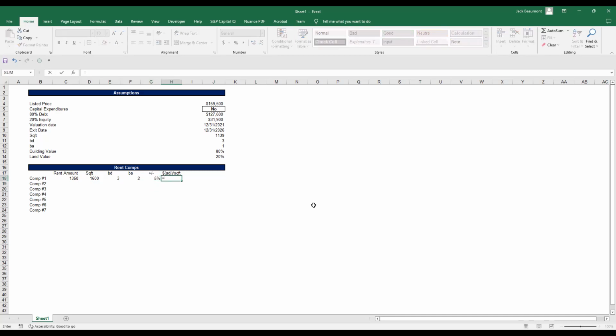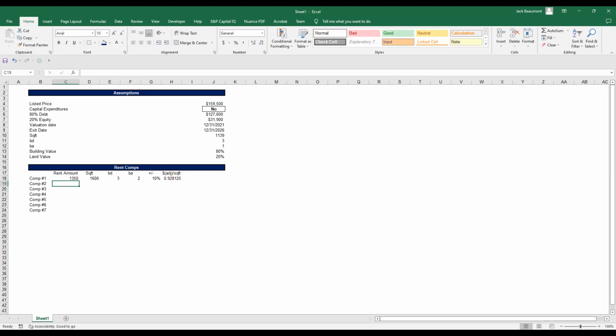This will equal the rent times 1 plus the adjustment, and then I'm going to divide it by the square feet. Okay, so we get that much per square foot, and I'm going to adjust this a little more. That's a little bit more comparable.